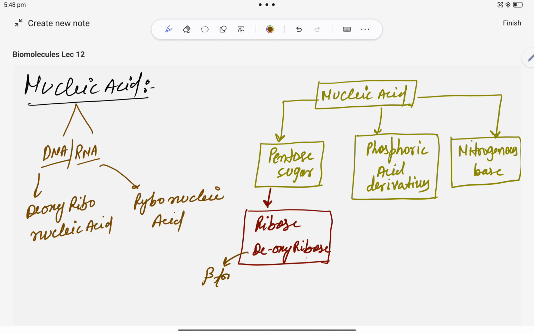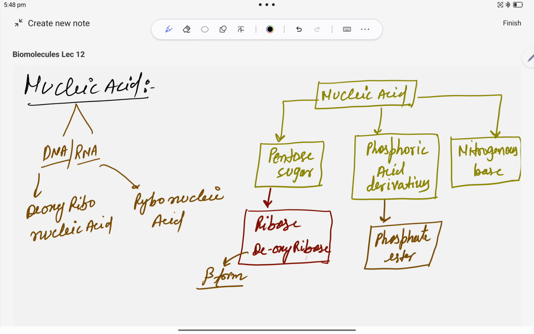Here in the case of phosphoric acid derivative, we will use phosphate ester.